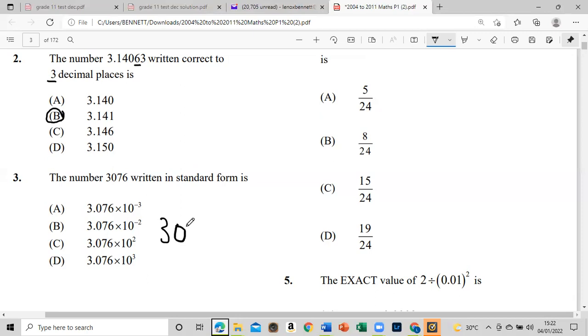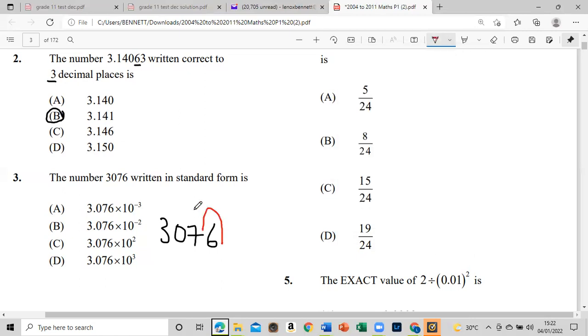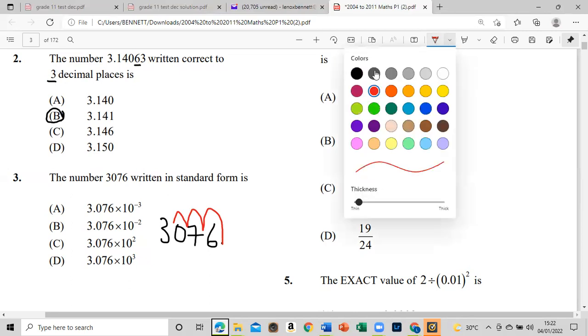So what we have to do is move the decimal point to get it to a single digit. So 1, 2, 3. So we move 3 places.